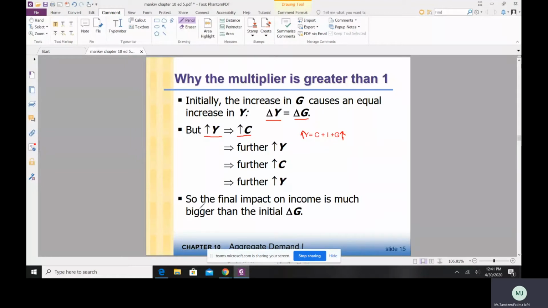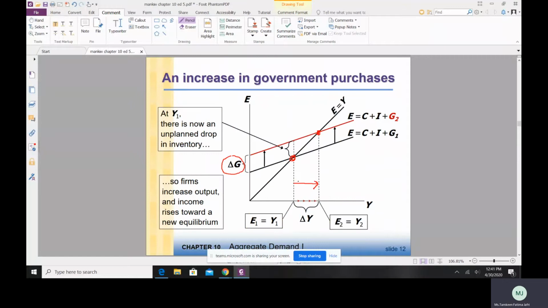Ultimately, आप जो देखेंगे वो ये देखेंगे कि the final impact on Y, which is income, is much bigger than the initial increase in G. Okay, so that basically explains why Y में हमें जो इंक्रीज नजर आ रही है, that is much more than the increase in G.